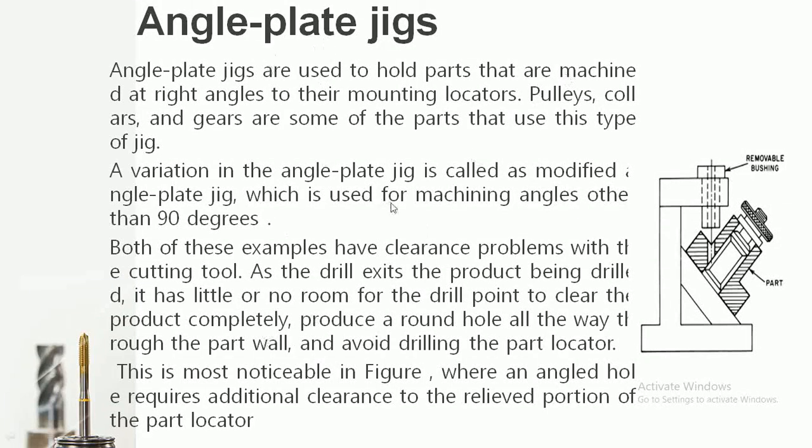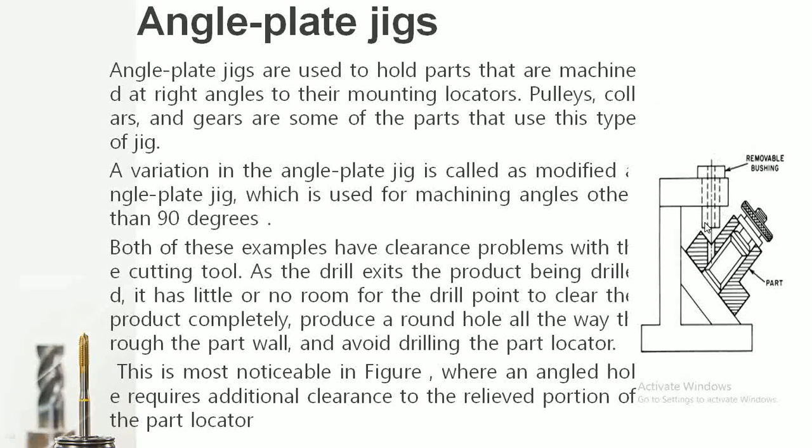Here you can see a bed is placed at the bottom so that the job rests clearly upon that bed. Now there is a clamping screw inserted from the top so that the degrees of freedom are restricted. Now whenever you require to machine the job at a particular angle, the angle plate that is placed at the bottom depends upon at what angle you have to machine the job.